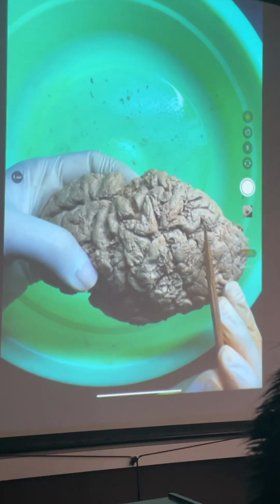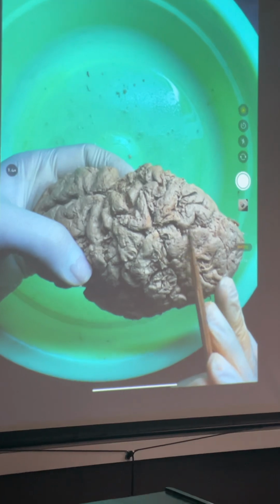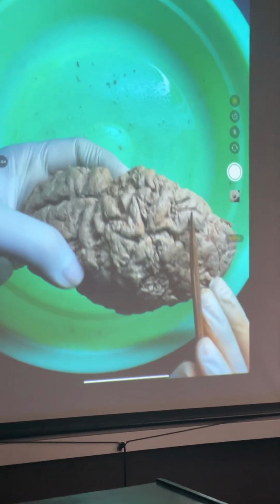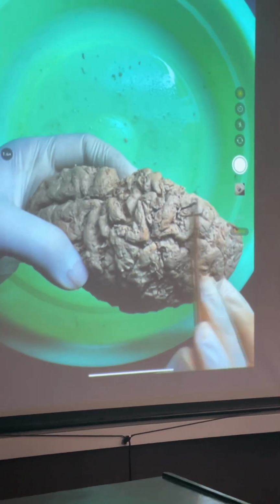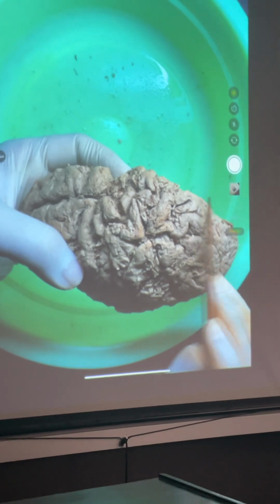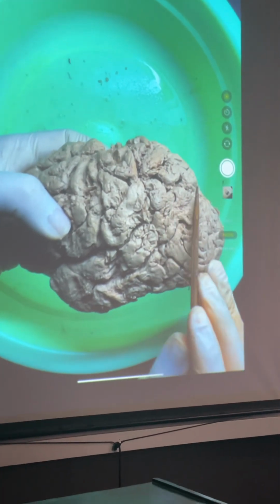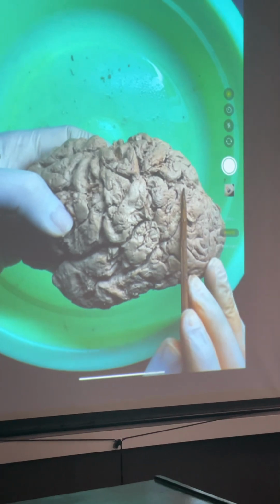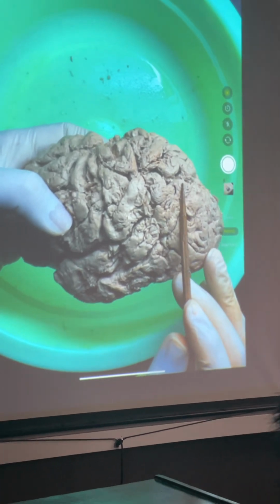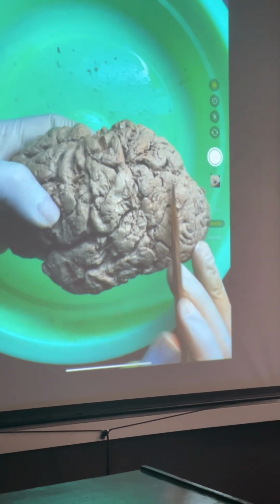If it's on top of the intraparietal sulcus, it's called the superior parietal gyrus. And if it's below it, it's the inferior parietal gyrus. Easy?